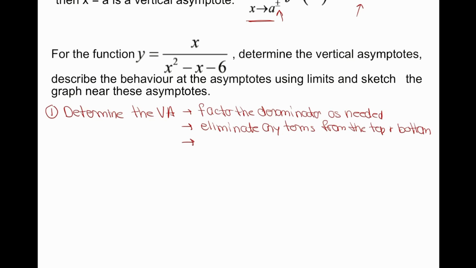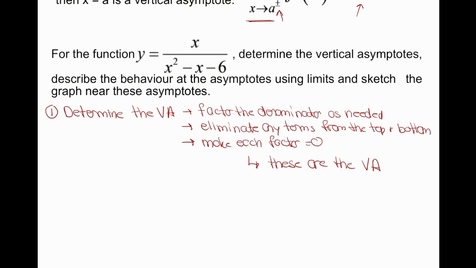And then we need to make each factor, or each bracket, equal to 0. And these will be our vertical asymptotes.